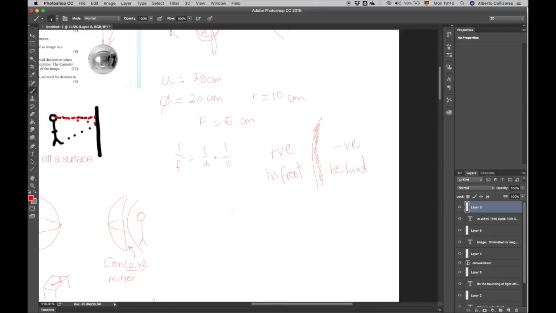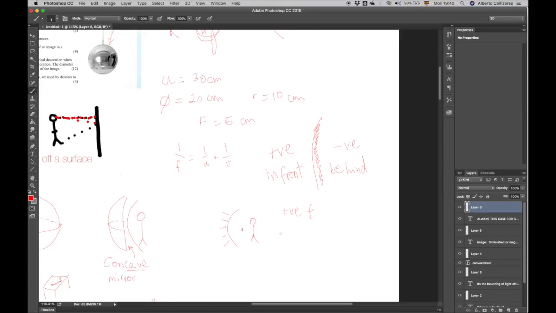So what happens in a concave mirror? In a concave mirror, you're looking at yourself here, and this is the back. You've got a positive focal length, right? Because your focal point will be somewhere here.